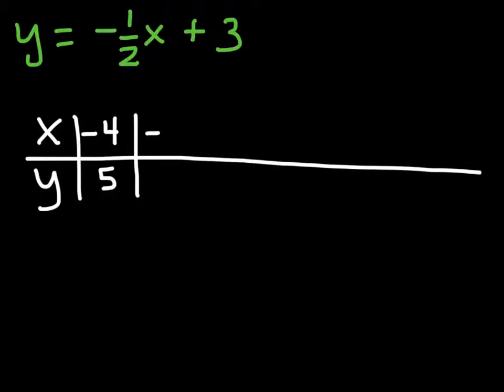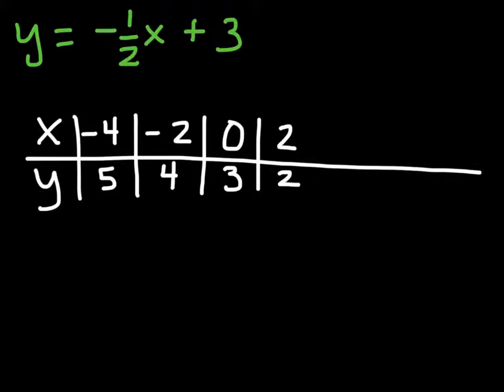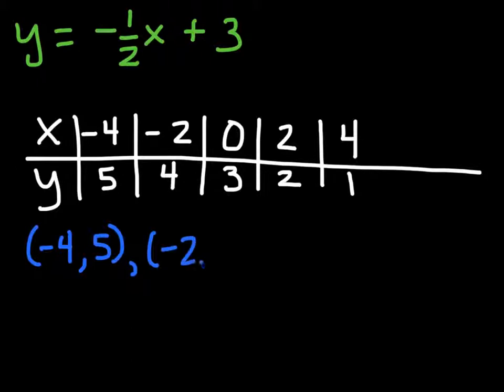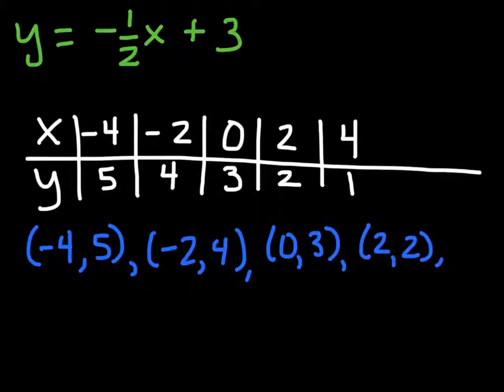Now I'm going to use -2, which gives me a value of 4 for y. 0 gives me a value of 3. +2 gives me a value of 2. +4 gives me a value of 1. So our ordered pairs will be -4, 5, -2, 4, 0, 3, 2, 2, and 4, 1. Okay, let's go graph this.